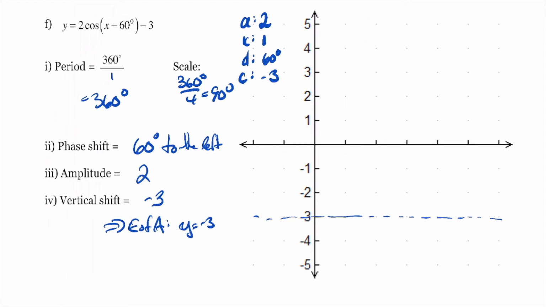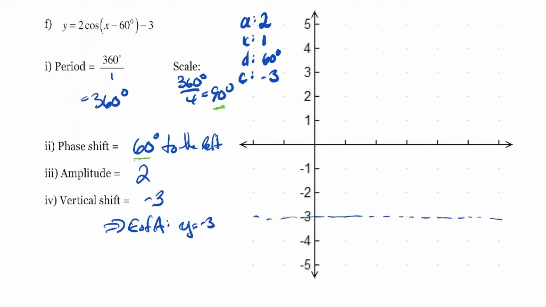Again, we're going to run into a similar issue in terms of my scale is at 90 degrees, but the shift is not exactly 90 degrees. So again, we recognize, or hopefully recognize, that 60 is sort of like 2/3 of 90 degrees. So we're basically going 2/3 in from our ticks on the x-axis.